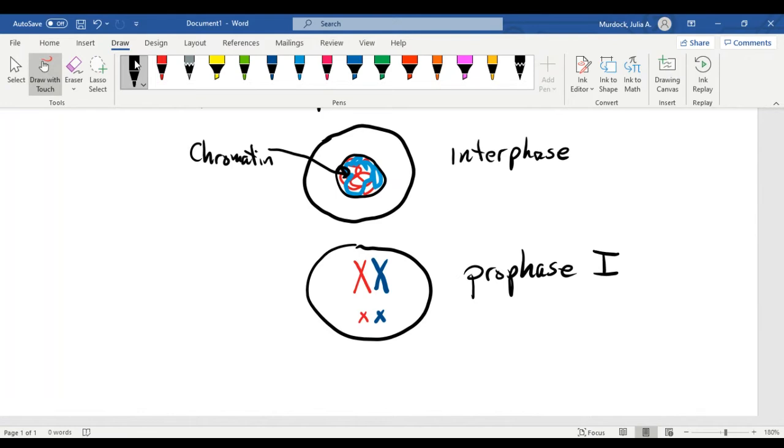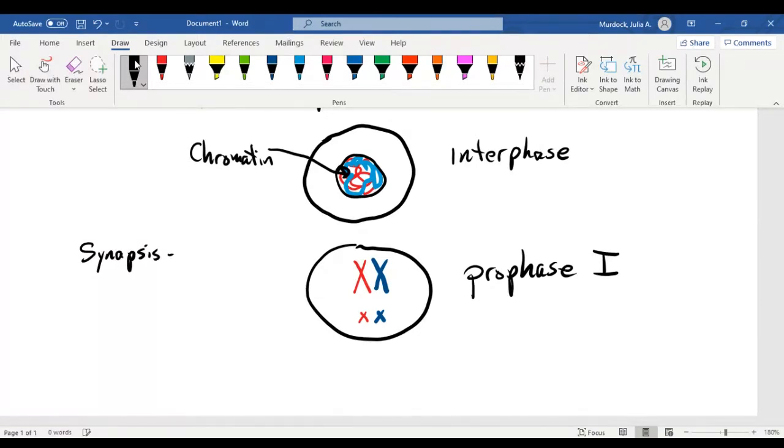Late in prophase, after the chromosomes have coiled up into their formation, so they have their sister chromatids attached at the centromeres, they get really close together. Okay. So during prophase, something very important happens called synapsis.